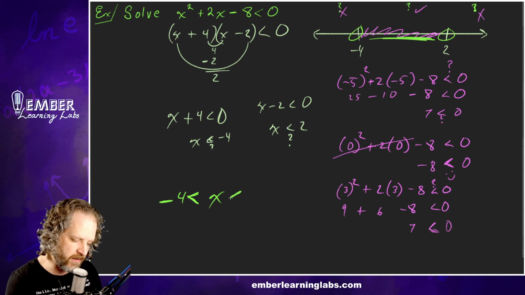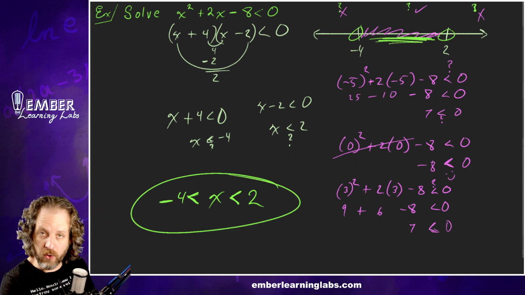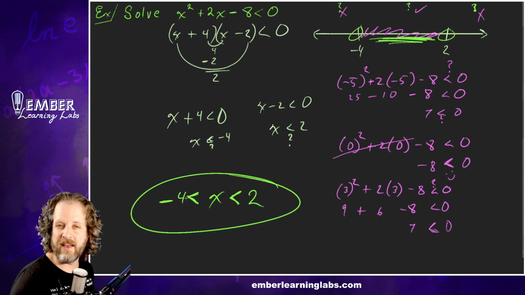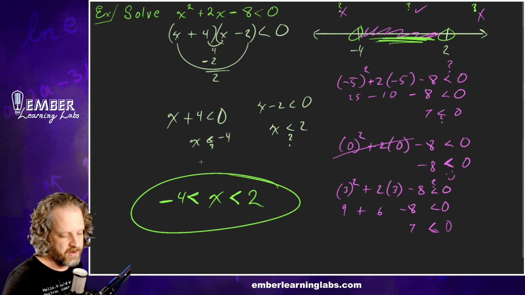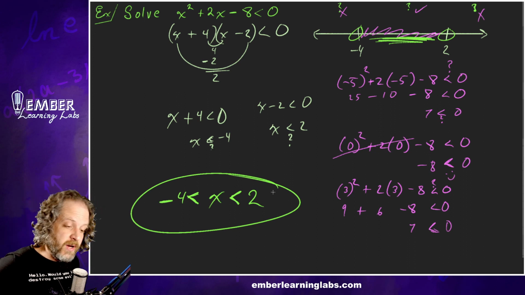But it's going to be less than the other number. So it's in between. If your solution is in between the two dots, it's always going to look like this with both less than symbols. It's always smallest number on the left side, biggest number on the right side. So that's that.